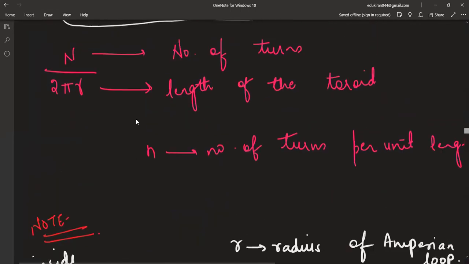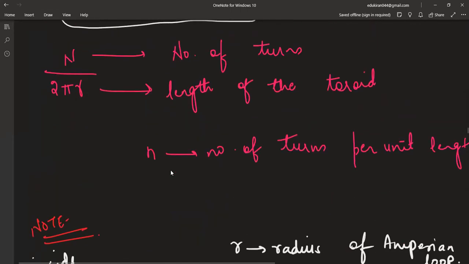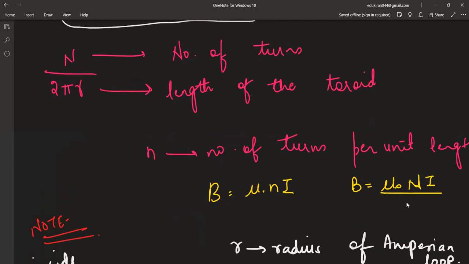You can say n divided by 2 pi r is equal to the number of turns per unit length, so you will here also get the same formula, B is equal to mu naught n I. So this part is basically your small n. Small n is equal to the number of turns divided by 2 pi r.